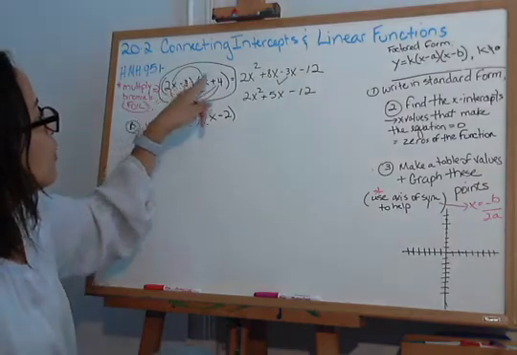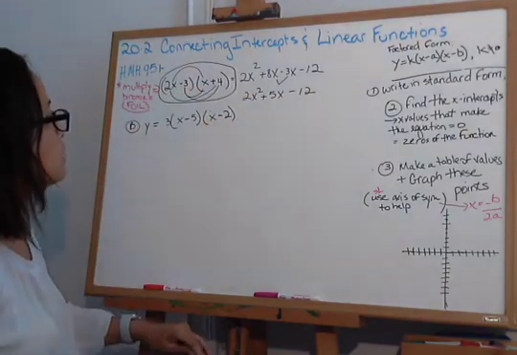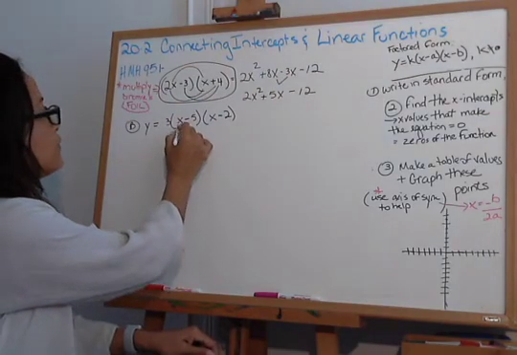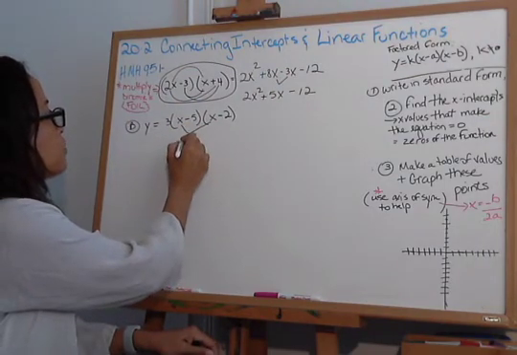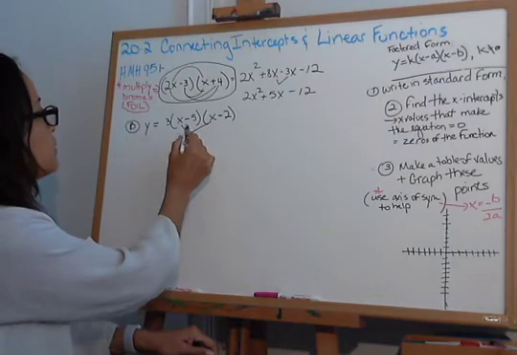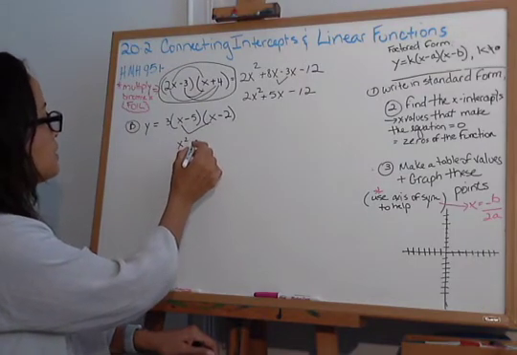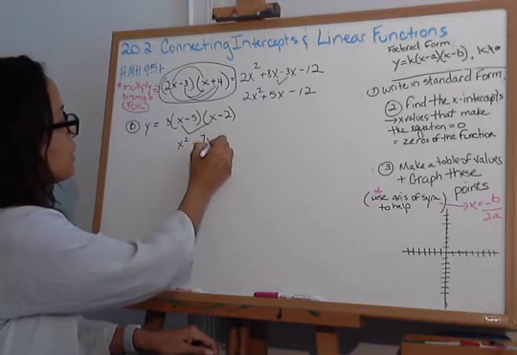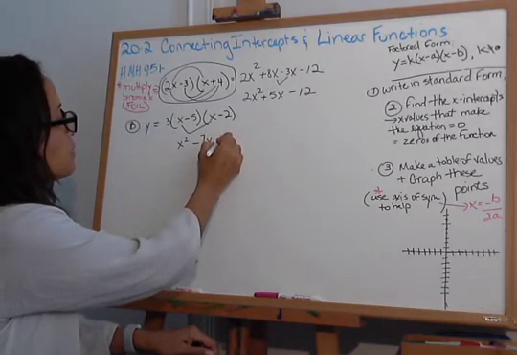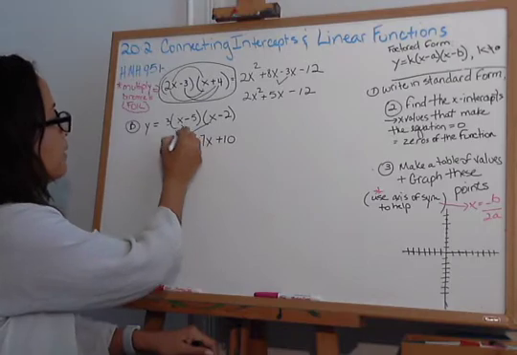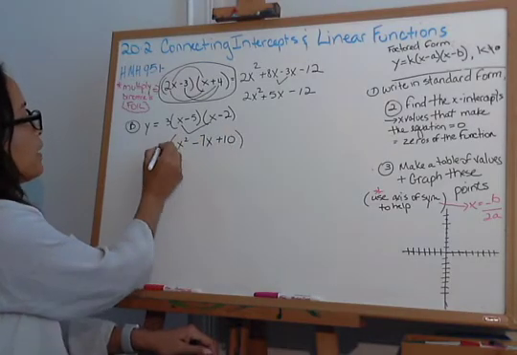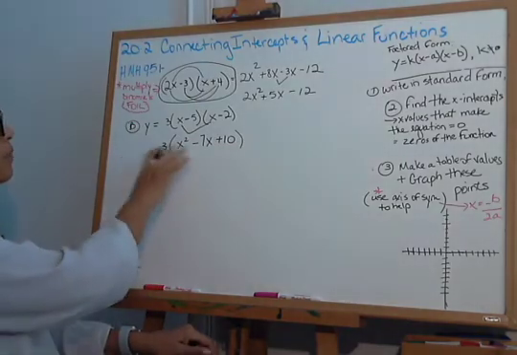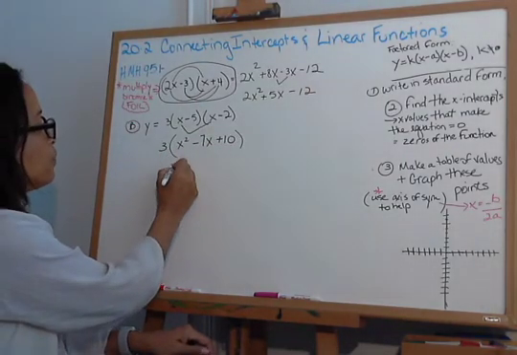Well, I use FOIL to multiply this out together. So here, I'm going to do FOIL again. First, it's going to give me x squared. Then outside, negative 2x. Inside, negative 5x. Together, that's negative 7x. And last, it's going to be plus 10, and all of that has a k multiplication of 3, and I'm going to multiply that through.